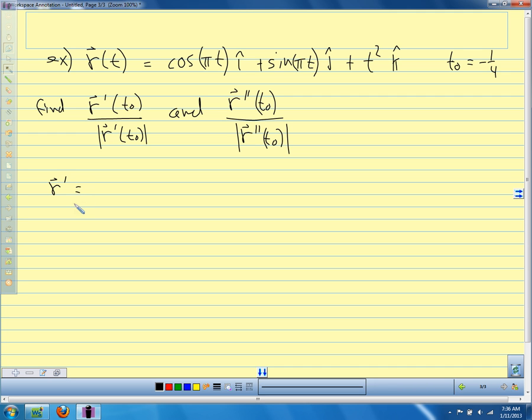So what's going to be our derivative of r? Negative pi sine pi t i plus pi cosine pi t j plus 2t k.